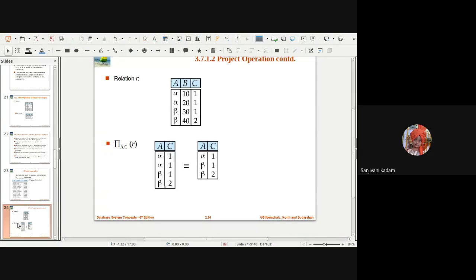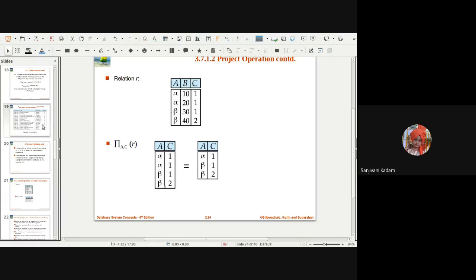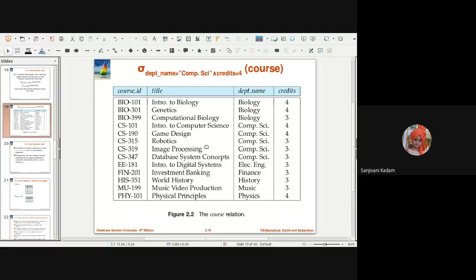Shall I give one more example to you? Consider that I wanted to display only the titles of the subjects. Then how can we display simply titles? Projection, and only give the title.